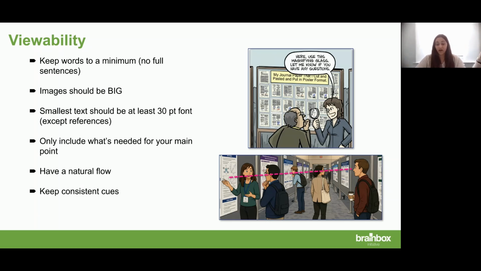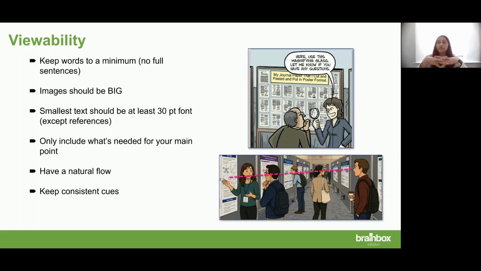And it's also really helpful to keep consistent cues throughout. Like if you use one color to label the different types of stimuli you're using, for the different conditions, maybe that's the color that you use in the graphs for those conditions. If you use dotted lines, make sure those stay consistent throughout.